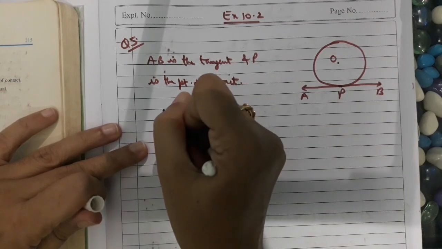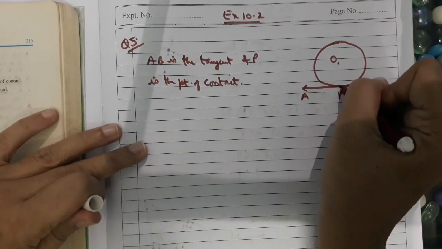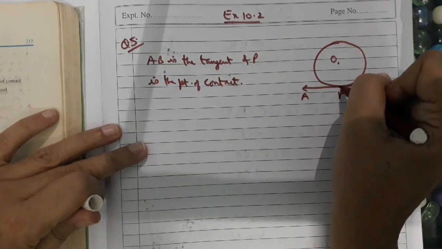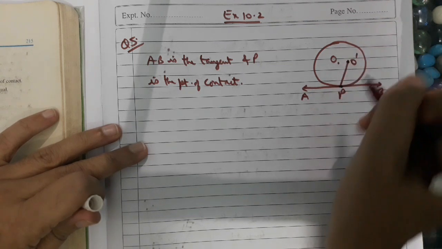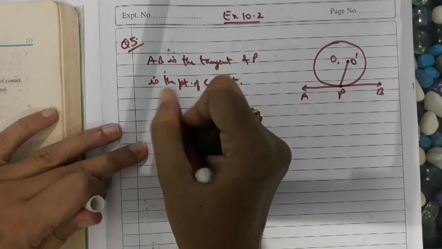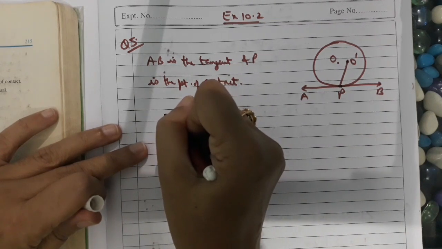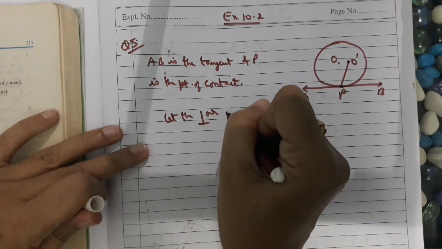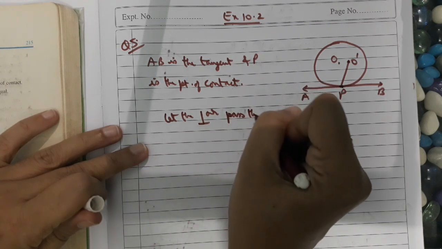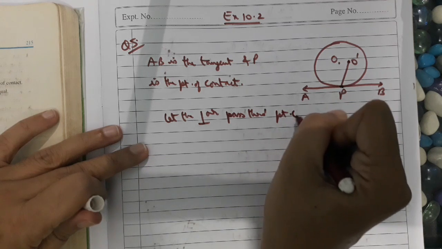So we suppose that the perpendicular from point P does not pass through the center, but it passes through O dash. So over here we have taken that let the perpendicular pass through point O dash.